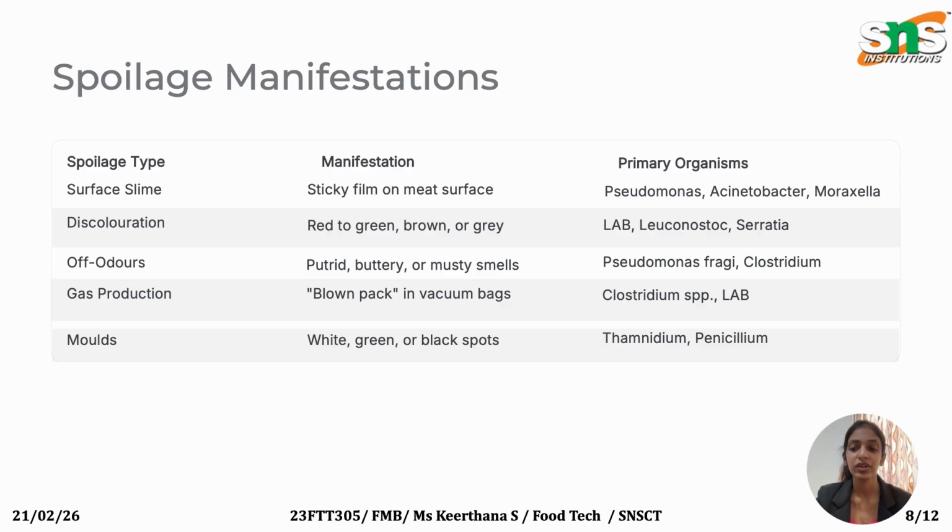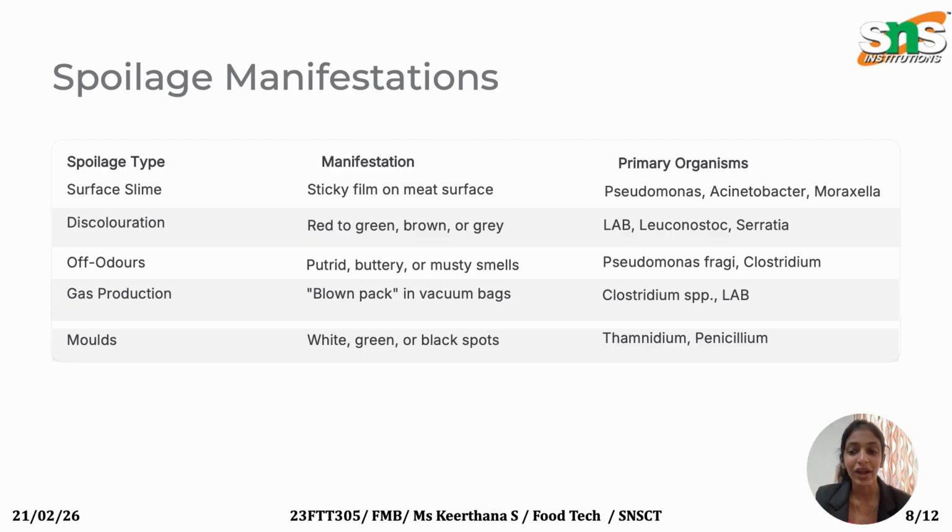So this is about spoilage manifestation. Spoilage often announces itself. A slimy surface is usually due to Pseudomonas, and sour odor from lactic acid bacteria. Gas production leads to blown packs. This is especially due to Clostridium or lactic acid bacteria.